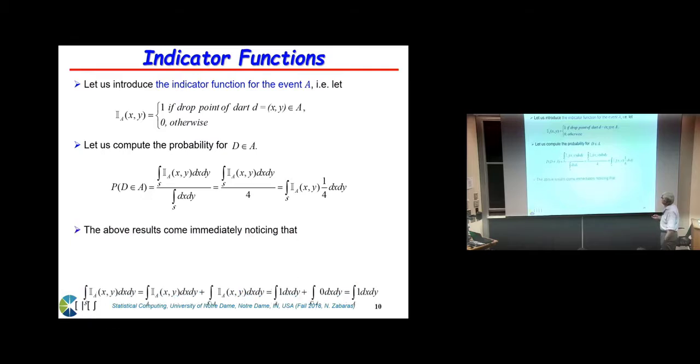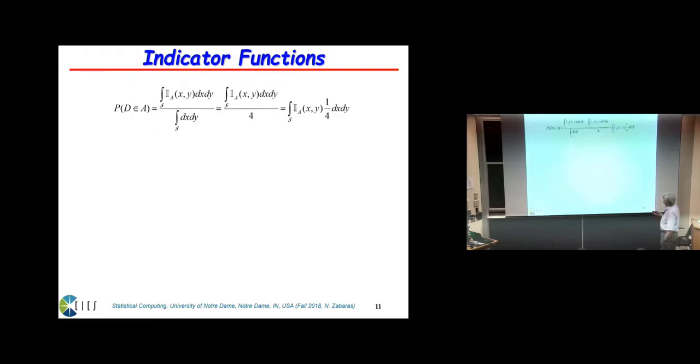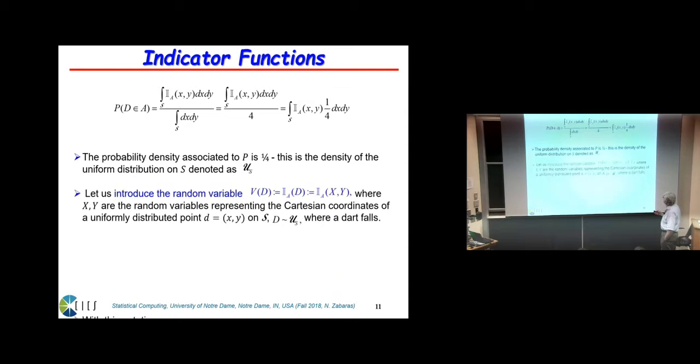So what you're telling me is basically that this probability is nothing else but the expectation of this random variable, which I denote as V here to simplify the notation, under the uniform distribution defined on the square.